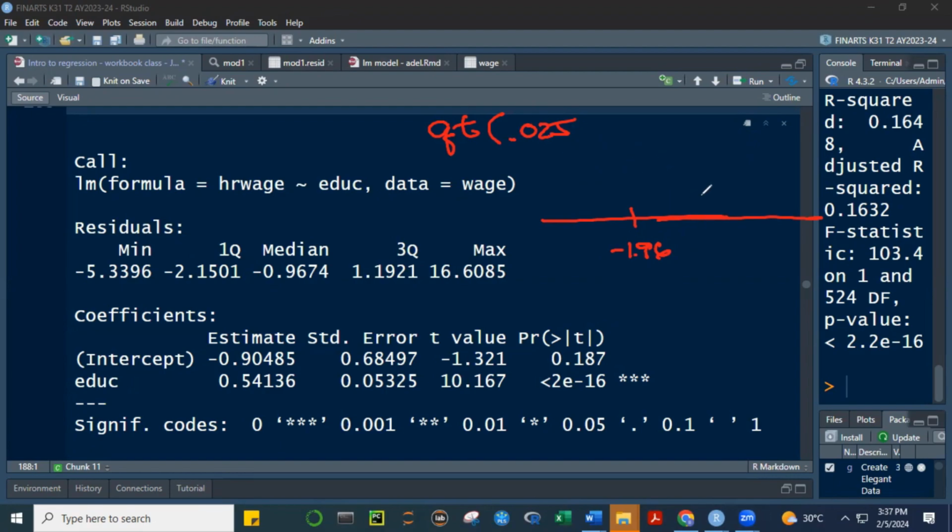Okay, so our t value is negative 1.32. So it's to the right. Okay, our rejection region is this one. So the value of our t here is in the non-rejection region. Therefore, we fail to reject that the b sub o is equal to 0.